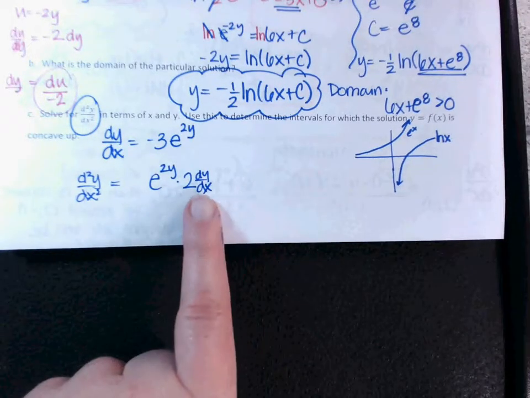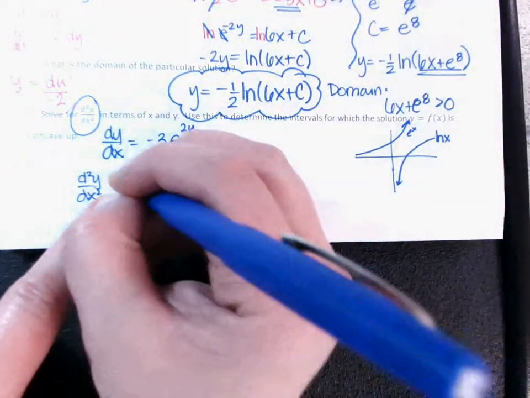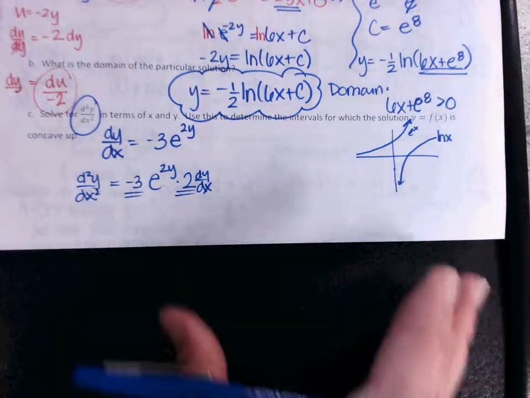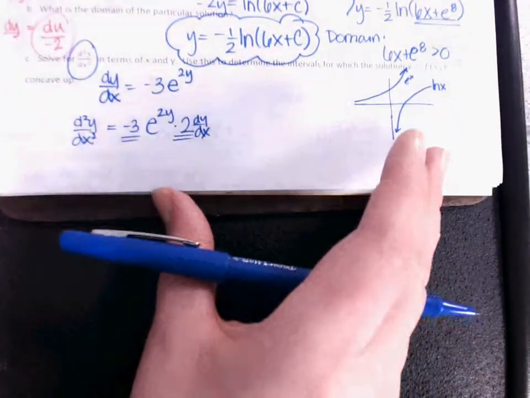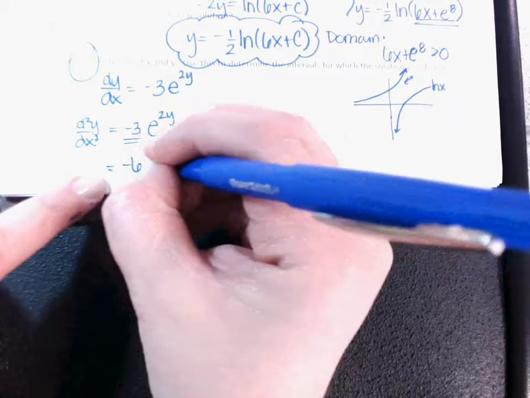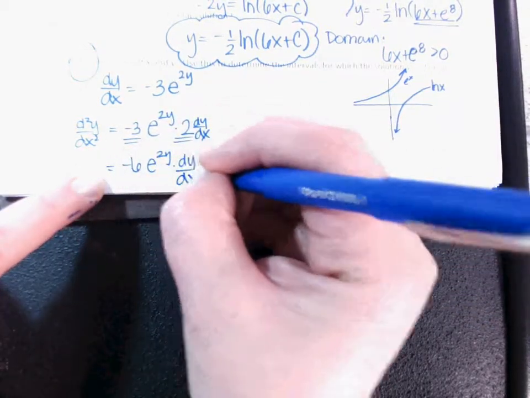So you have to tag a dy/dx on the end. Now, I also had that negative 3 in the front, so I'm going to combine those two constants to be a what in the front? Negative 6. So I have negative 6 e to the 2y dy/dx.